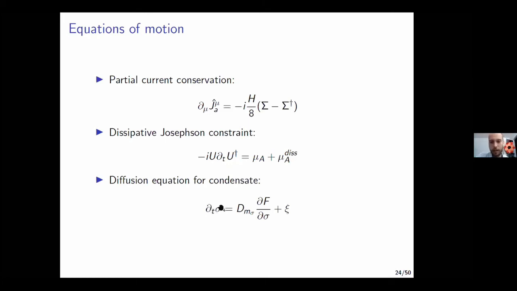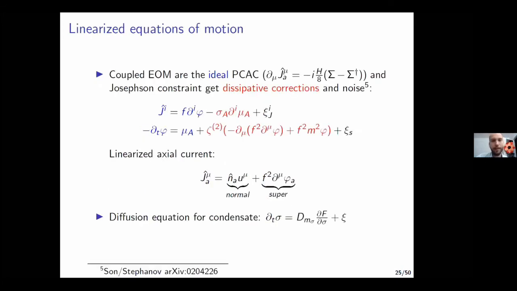So dt sigma will be just given by the variation of the singular part of the free energy with respect to sigma. And we also will add some noise. So I kind of got ahead of myself on this slide. But the linearized equations of motion look like this.